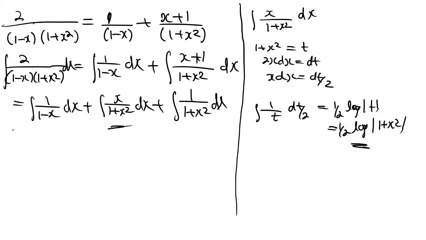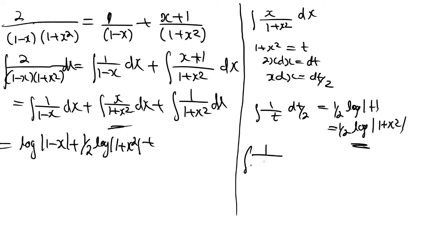Okay, now calculate the other integration values. Integration of 1 by 1 minus x dx is log of mod 1 minus x, plus this value we calculated, right, 1 by 2 into log of 1 plus x square, then plus integration of 1 divided by 1 plus x square.